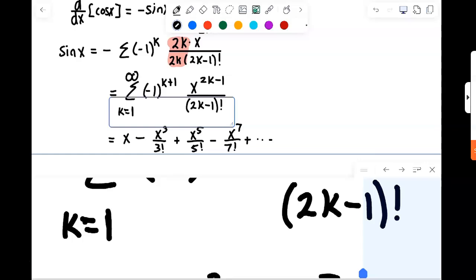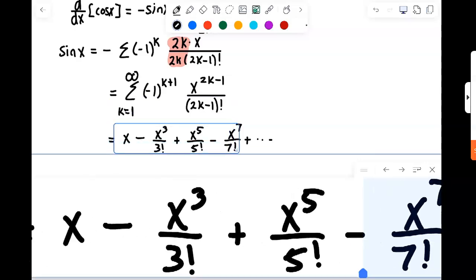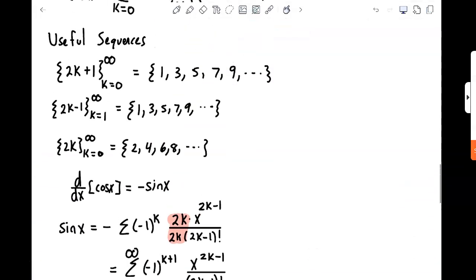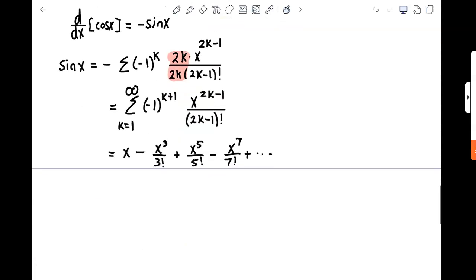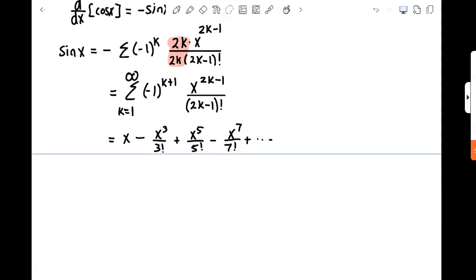Now that series starts at 1. We can easily adjust this to make it go from 0 if we wanted this first one to be our 0 term. The coefficients are the odd numbers. So again, we're doing odd numbers this way, but we can easily reset everything so the odd numbers start here. And if I'm doing that starting with 0, then I'll have to adjust this coefficient as well.